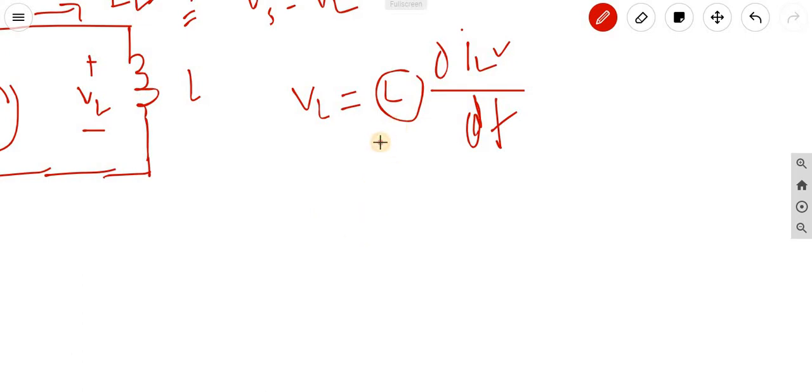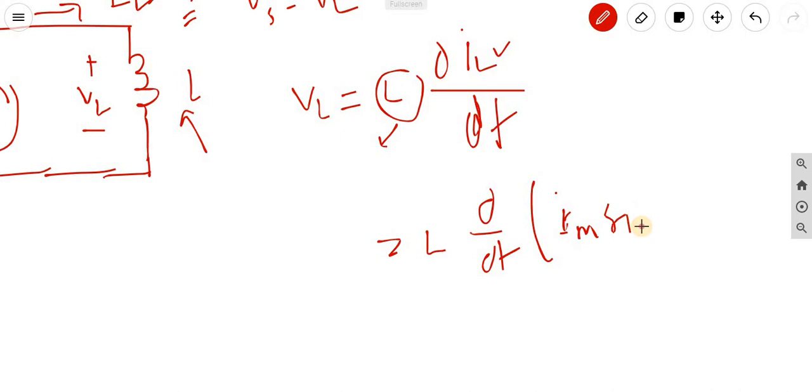Now this is a constant for a particular inductor. So now L d by dt of Im sin omega t.